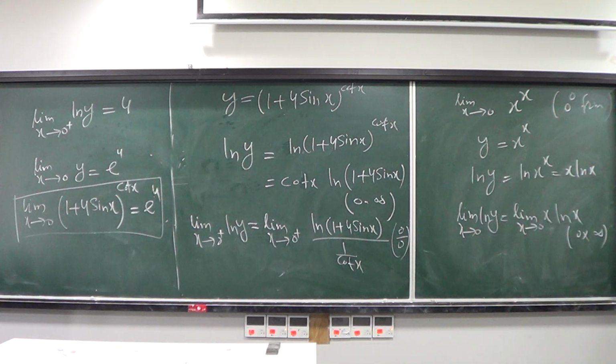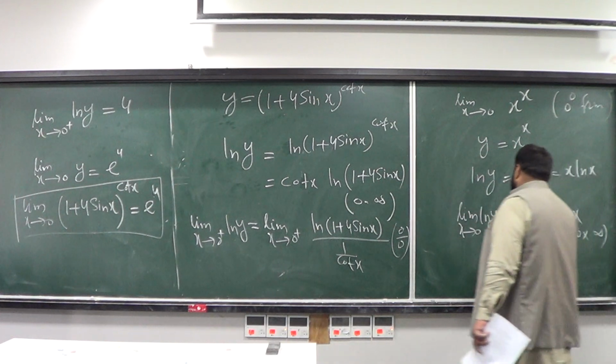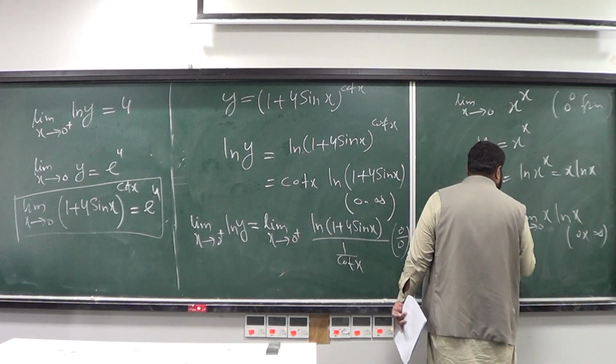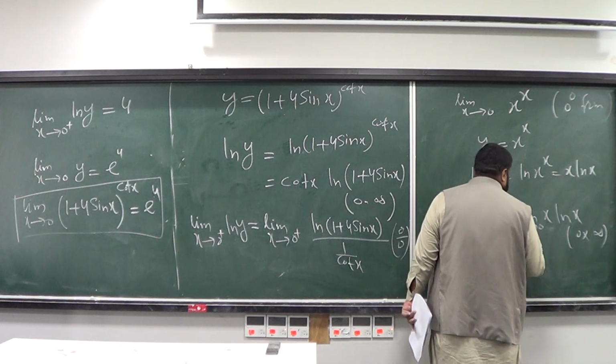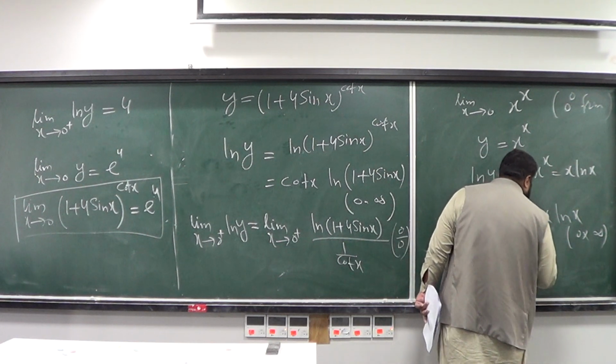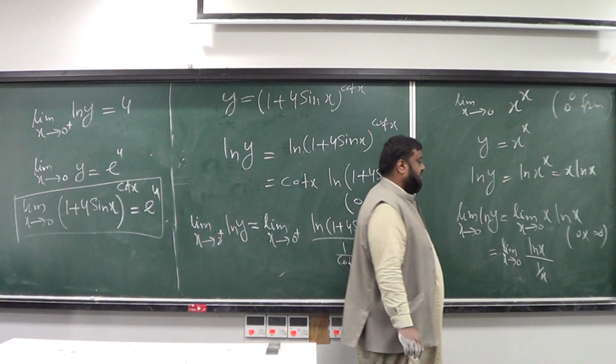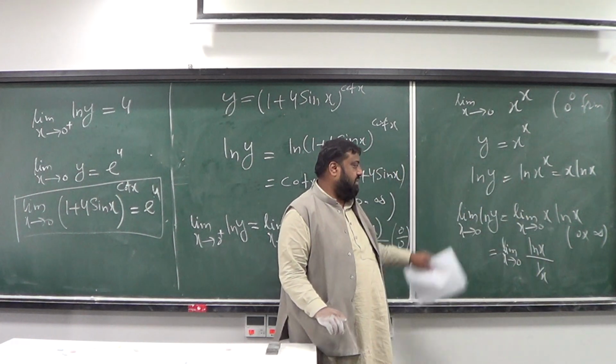And how to deal with the 0 by infinity form? We saw that you can do it in this manner: limit x goes to 0, write log x divided by 1 over x. So you have the same expression.